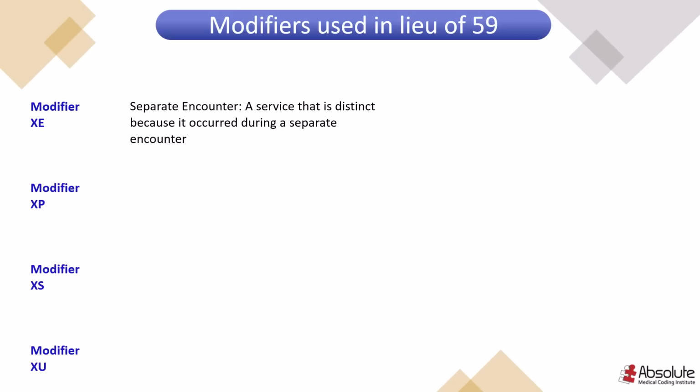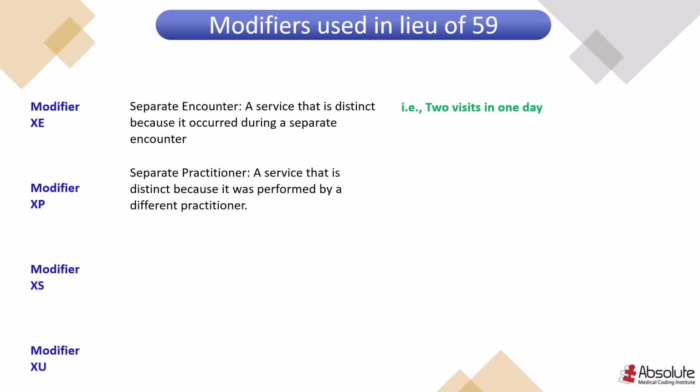A service is distinct because it occurred during a separate encounter. That means a patient had two visits in one day. Traditionally, a provider would code for the first visit, and the second visit would get that 59 modifier. Now we use modifier XE.